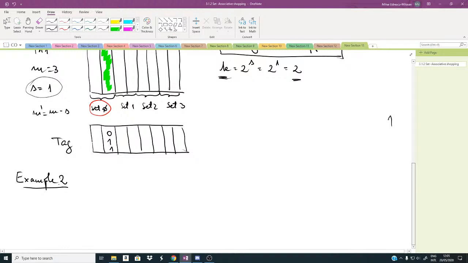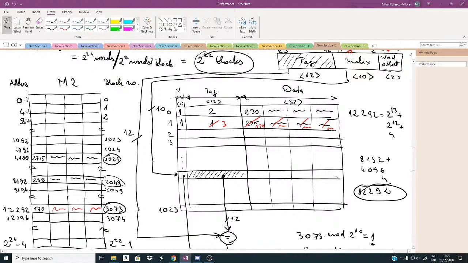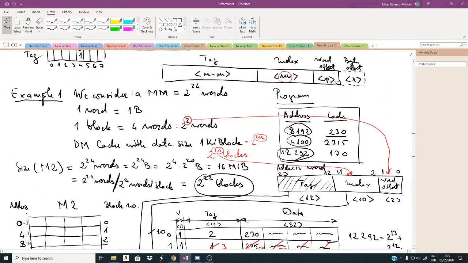If we take the same conditions, namely these conditions, right?